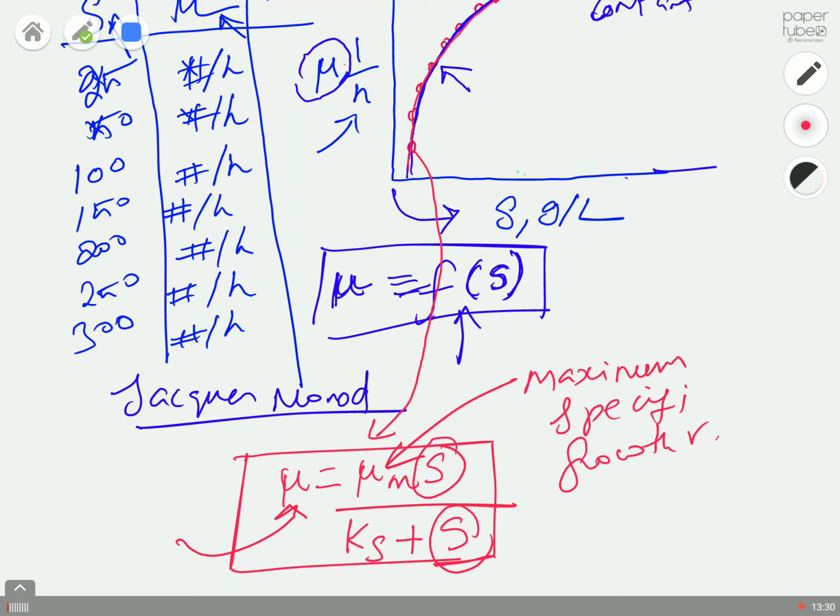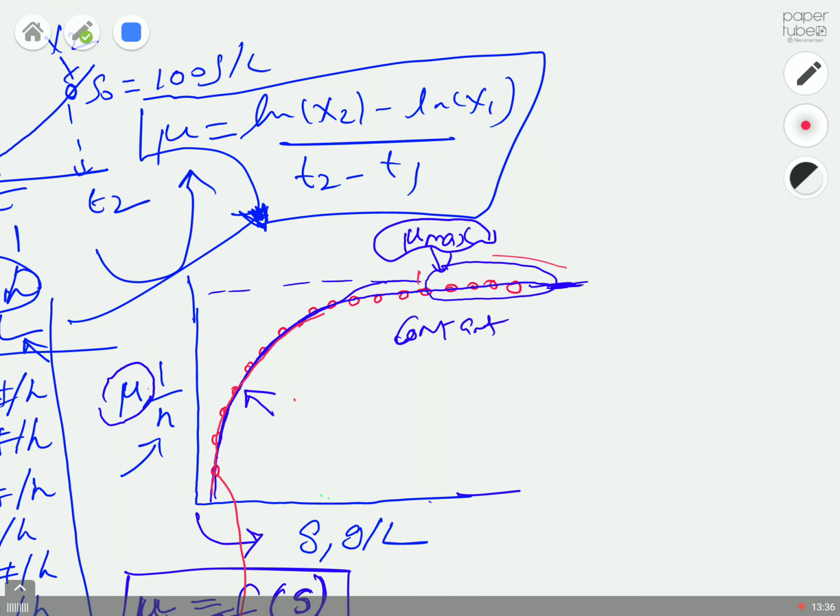If you plot the data of mu versus substrate, like the one I showed here, you can already see what your mu max is. So that's your maximum specific growth rate in this curve.